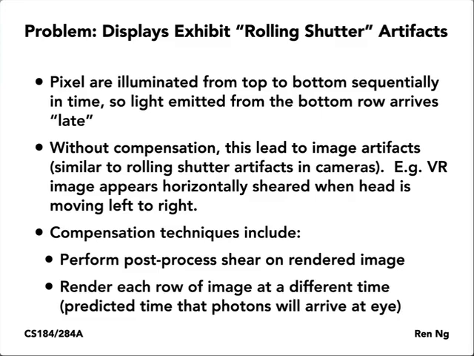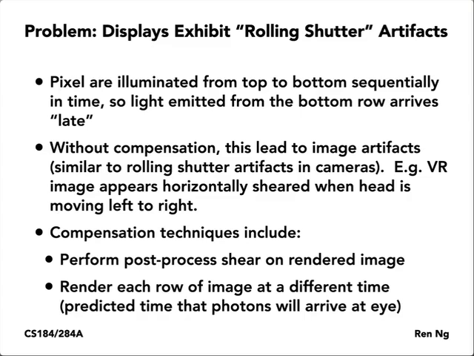If you know all of that, you might try to render each row of the image at a different time, the predicted time that the photons will arrive at the eye, realizing that the display is going to physically emit the light for each of those rows at different times. So maybe you'll render them at the appropriate time, sort of just-in-time rendering.